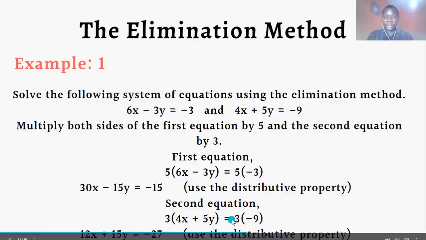I'm going to use the whiteboard because I think we need it here on the elimination method. Okay, we have 6x minus 3y equal to minus 3.